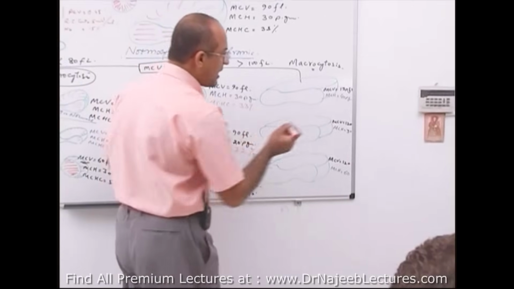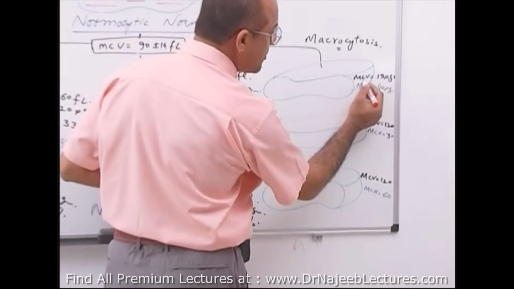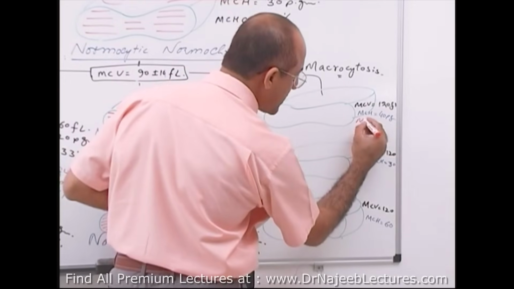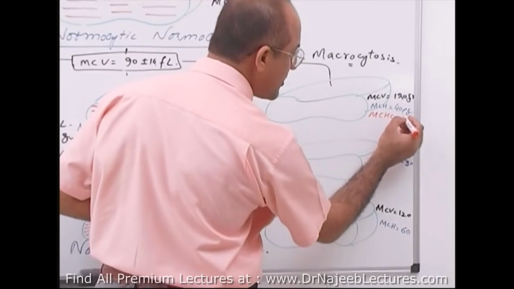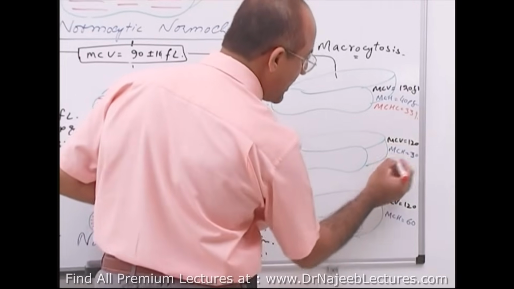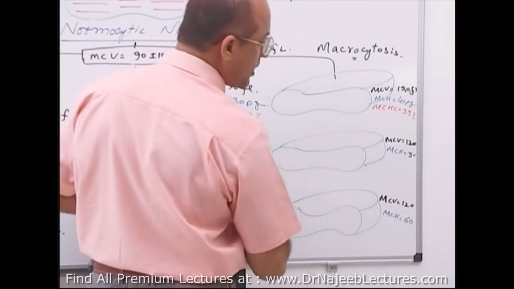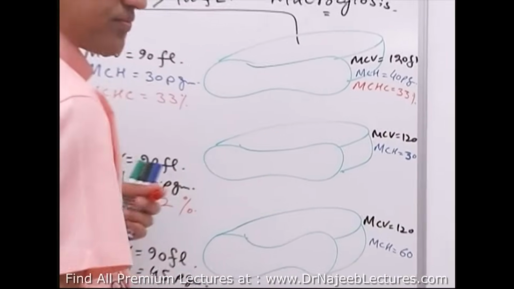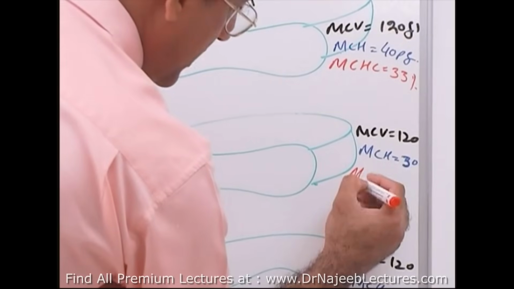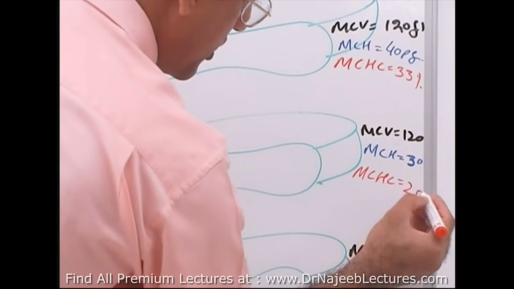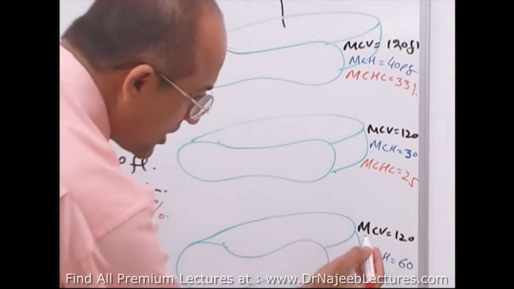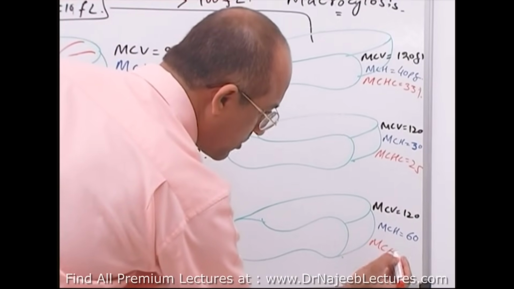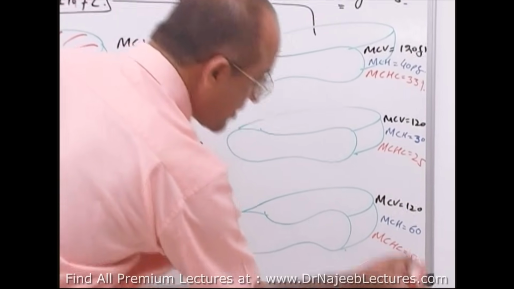It means in the first case where MCV is 120 and MCH is 40, mean corpuscular hemoglobin concentration is 33%. In the second case, MCV is 120, MCH is 30, so MCHC is 25%. And here MCV is 120 and MCH is 60, so MCHC is 50%.